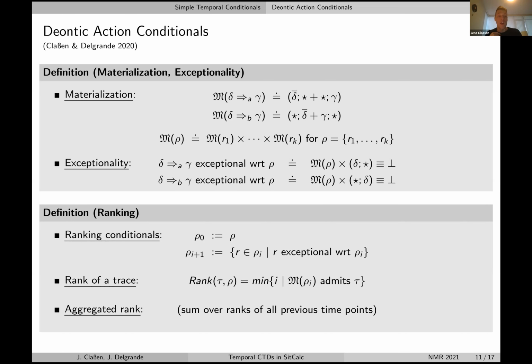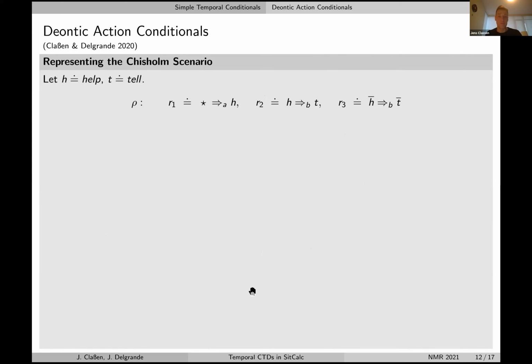And then we would be able to define a ranking very similar to KLM, in an inductive fashion, that we would start with all rules that we are given, and in the next higher rank we would find the rules that are exceptional with respect to the previous one, and then we can assign ranks to traces accordingly.